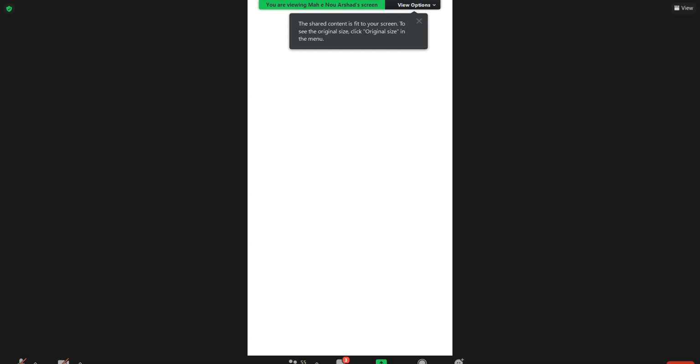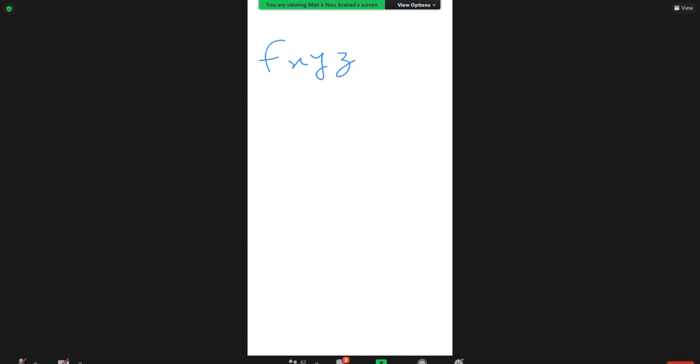Come to question number 40. Students, in question number 40, you have to prove that f_xyz, where you have three independent variables here, is equal to f_zxy.